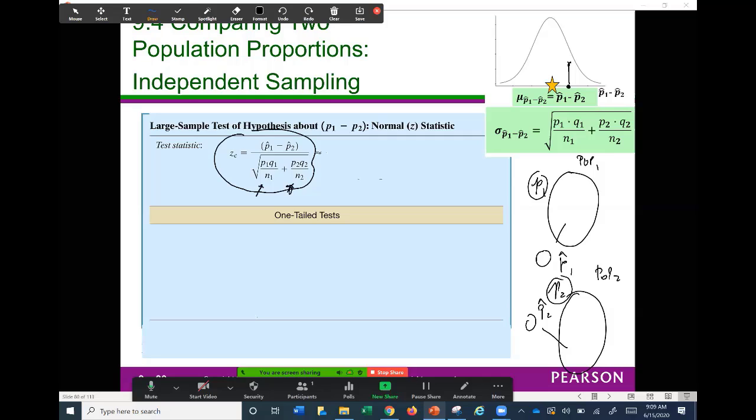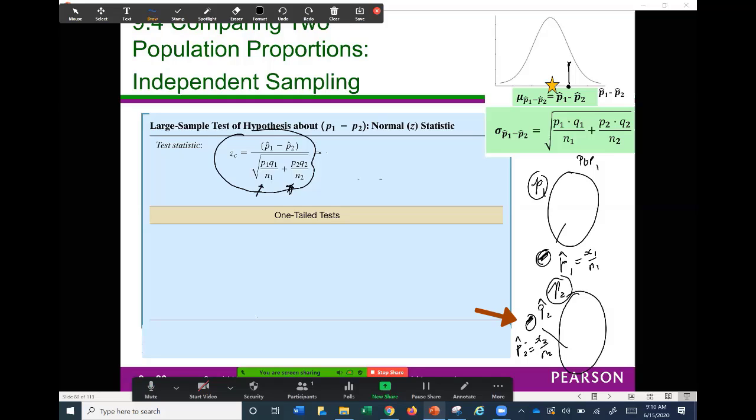If they are equal, this p hat 1 is obtained counting all values in this section and dividing by my sample size. And what is the p hat 2? P hat 2 is obtained counting the value located here divided by my sample size 2.